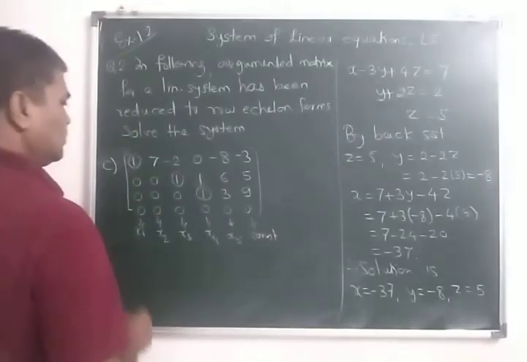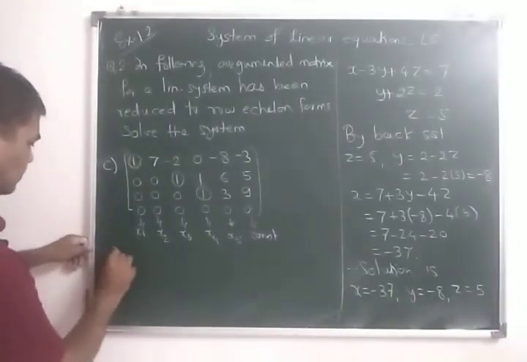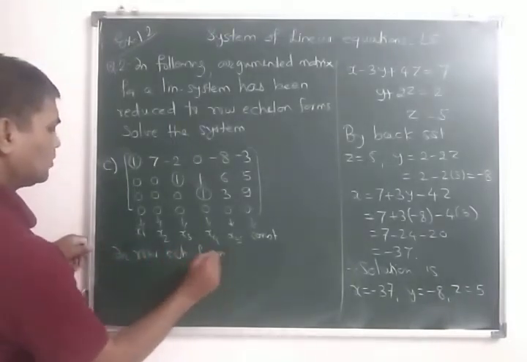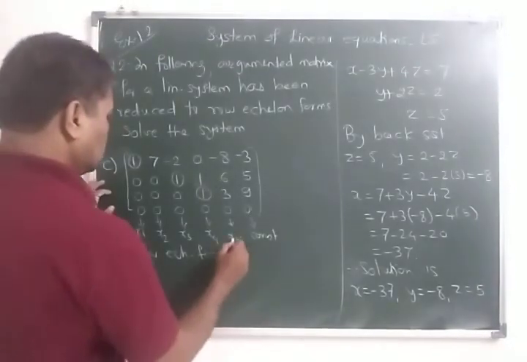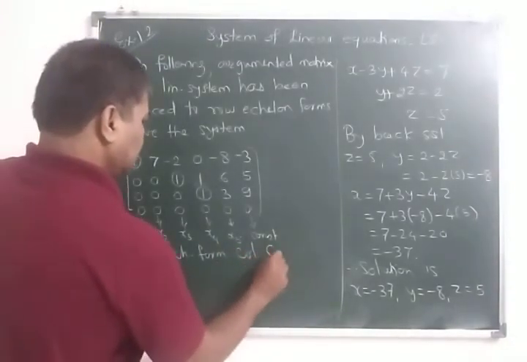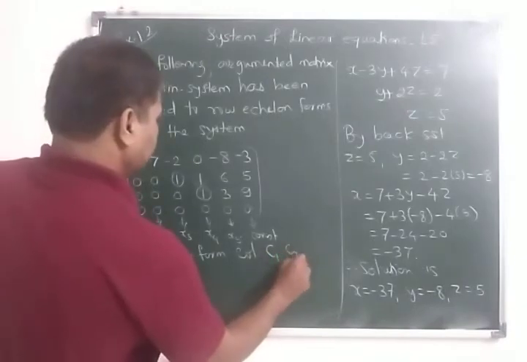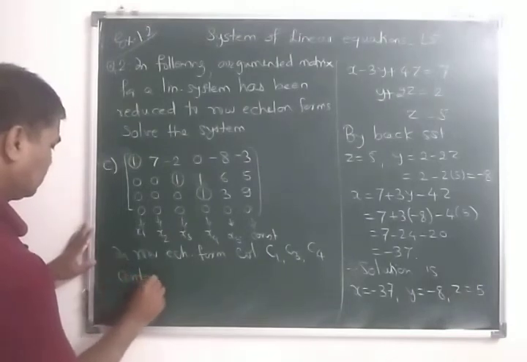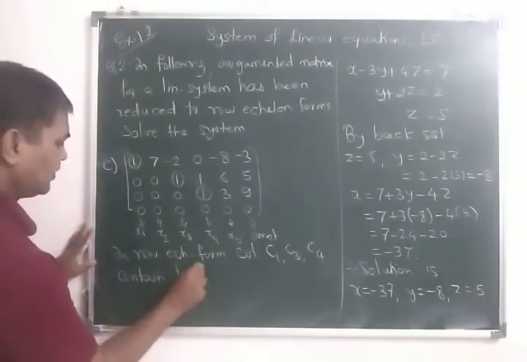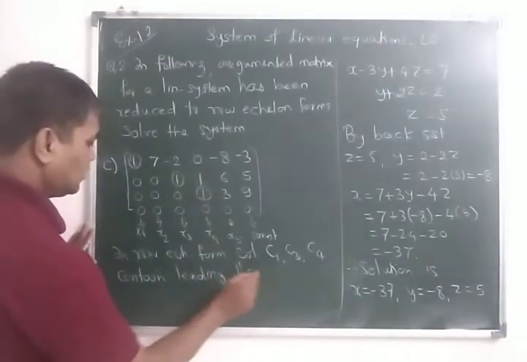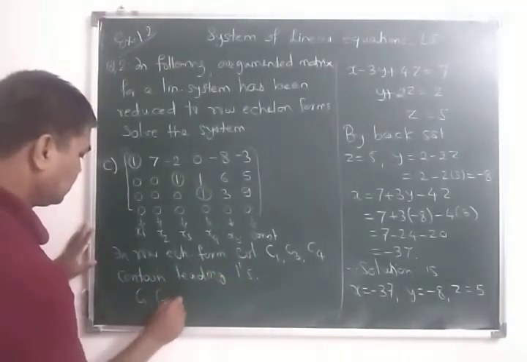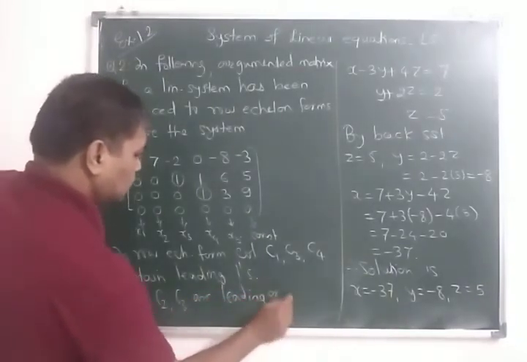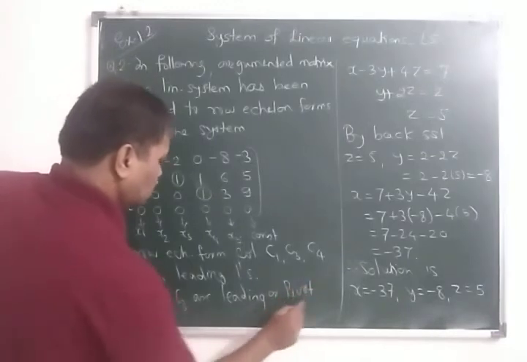Okay. So in the row echelon form, columns C1, C3, C4 contain leading ones. Therefore C1, C3, C4 are leading or pivot columns.